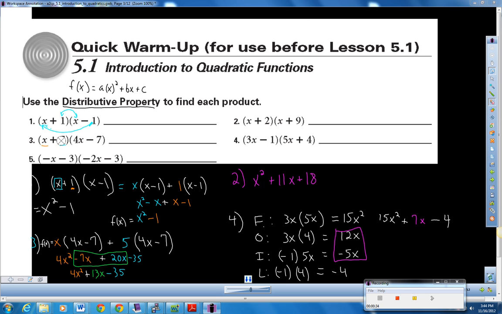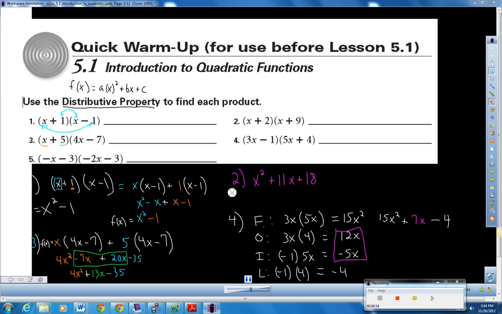So if you look up here using the cover-up method, which many students remember a lot better than the distributive property, just cover up the 5, x times 4x minus 7, cover up the x, 5 times the quantity 4x minus 7. And then the more traditional method, if you wish, is the method that most students learn, that mnemonic device FOIL. If you would prefer to use that, you are allowed to use that for this section.